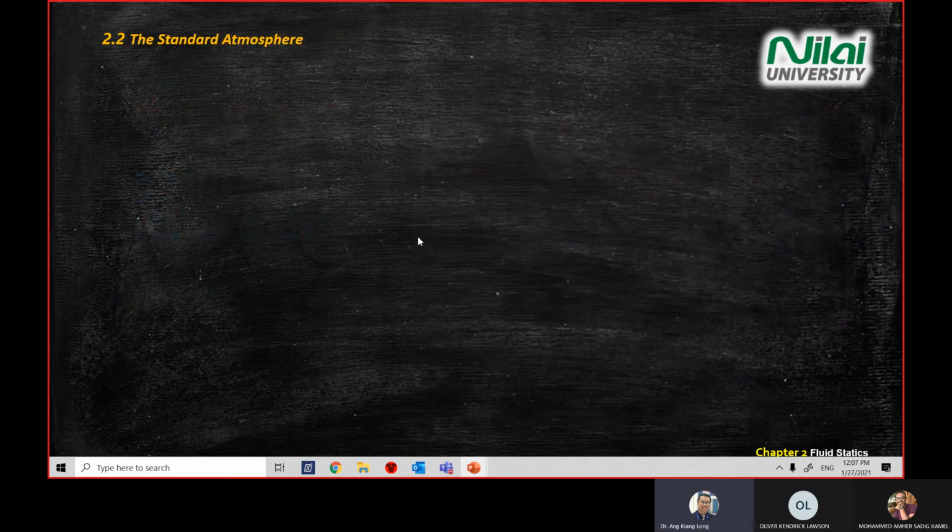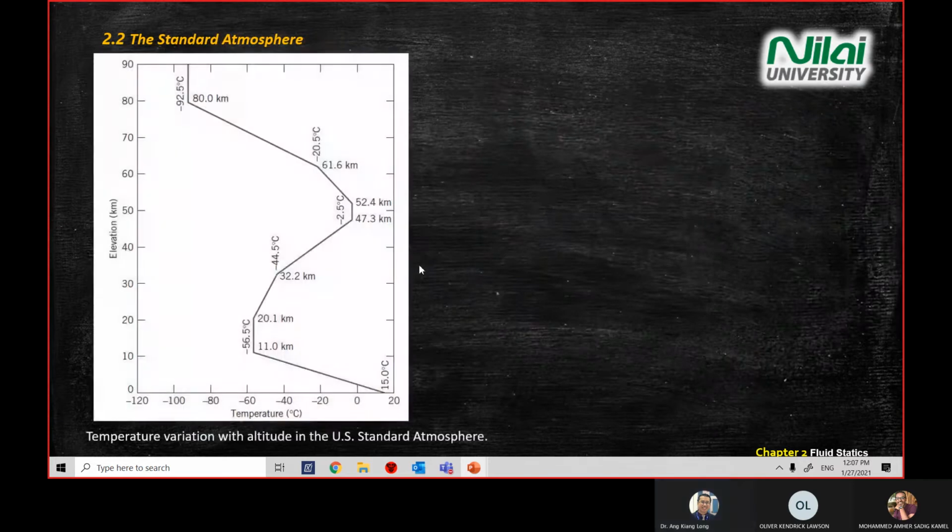Today we're going to look at the standard atmosphere. This chart is also in your handout, tutorial question number 3. This is under the US standard atmosphere. The axes are elevation in kilometers versus temperature in Celsius.